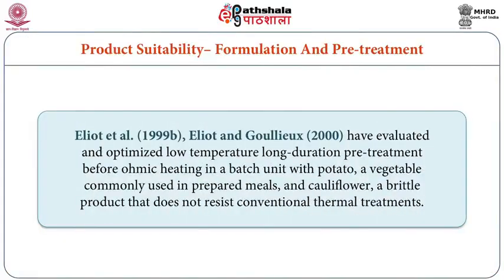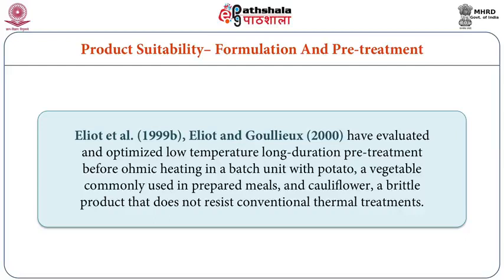Some scientists, like Eliot 1999 and Eliot Golex 2000, evaluated and optimized the low temperature, long duration pre-treatment before ohmic heating in a batch unit with potato, a vegetable commonly used in prepared meals, and cauliflower, a brittle product that doesn't resist conventional thermal treatment.